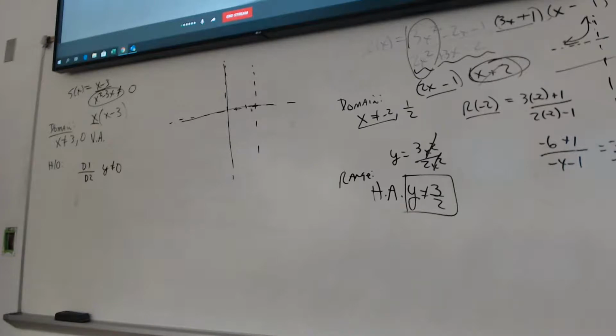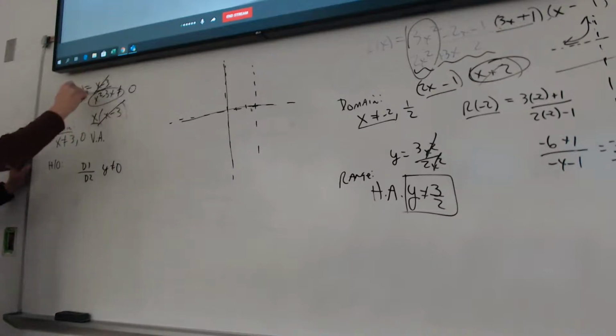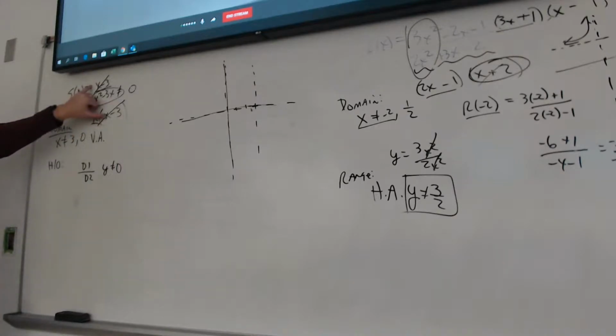Javier's got it. So they're the same factor in the numerator and denominator? If they're the same factor in the numerator and the denominator, what do you have? A hole. You need to write that down. We do have the same factor, right? That would cancel, so therefore I have a hole where?